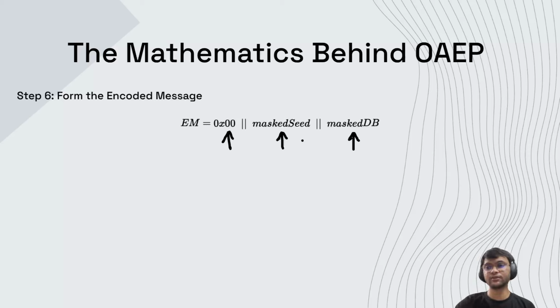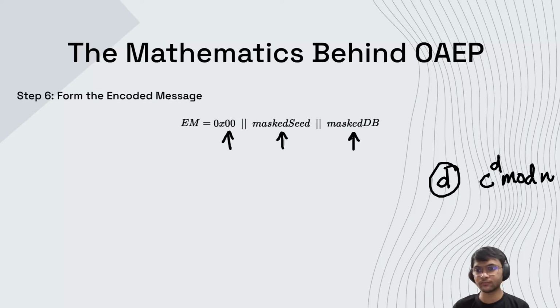When decrypting, the process is reversed. The recipient uses their private key d to compute c raised to d mod n, and they recover the encrypted message.